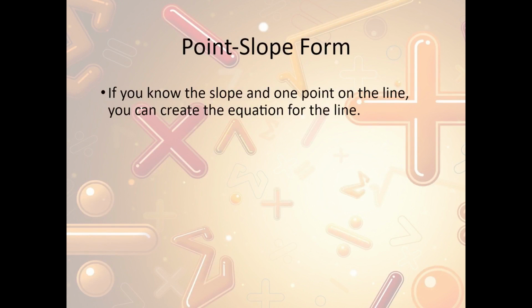Now, what is point-slope form? We use point-slope form if we know the slope and one point on the line. We can still create the equation for the line even though we don't have the y-intercept. And here's how we do it. We know that the line is y = mx + b, and we plug in the slope for m.